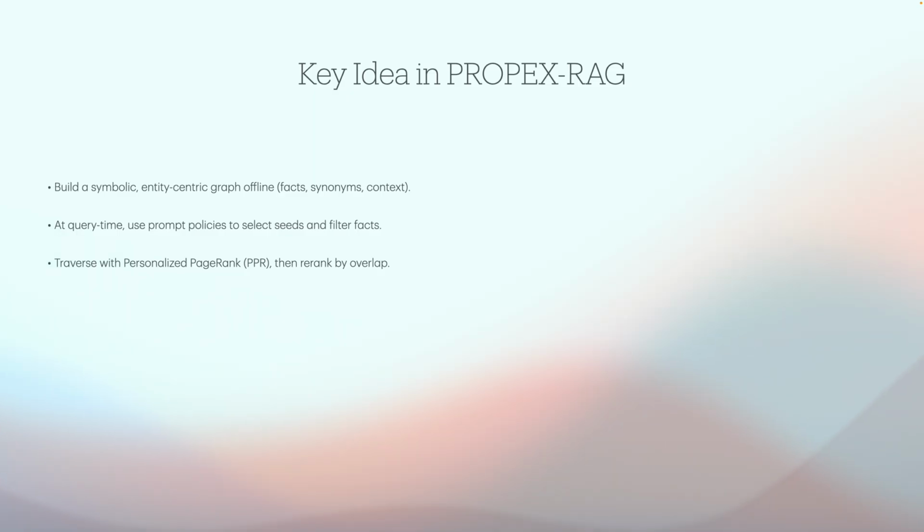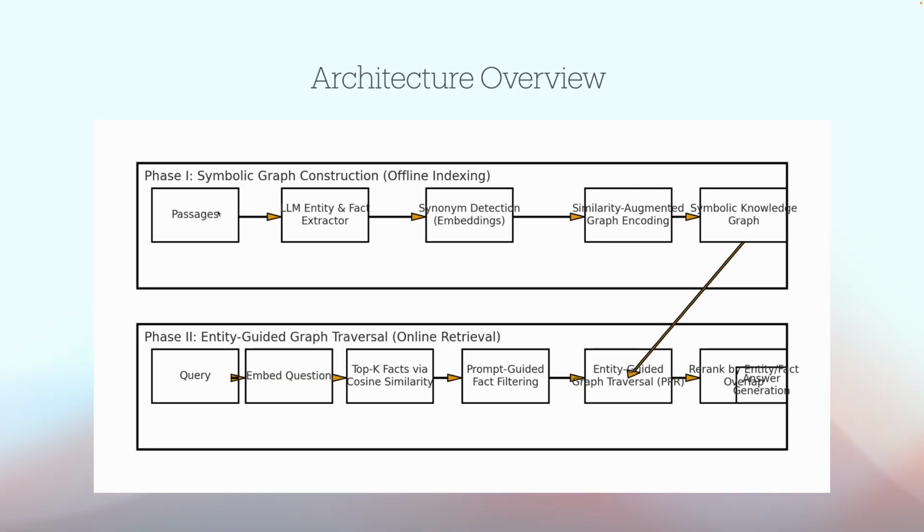After that, we run a short personalized PageRank from those seeds to focus on the most relevant neighborhood, and then re-rank these passages using symbolic overlap with entities and facts. Thus, the generator receives a curated, evidence-first bundle instead of a random pile of similar paragraphs.